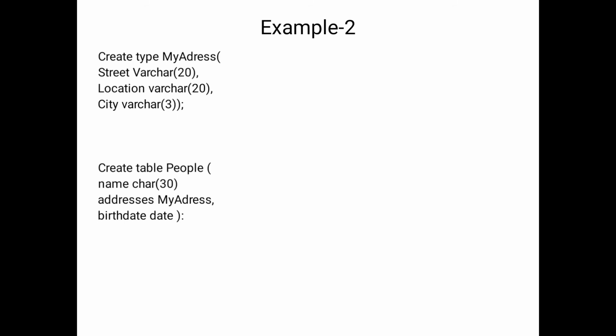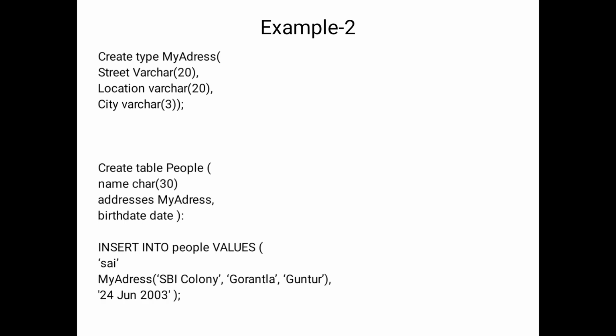Finally the fifth field is birth date. So please observe, in the people table we have five different fields available: name, street, location, city, and the fifth field is the birth date. Below I will mention how to insert the values into that particular people table.